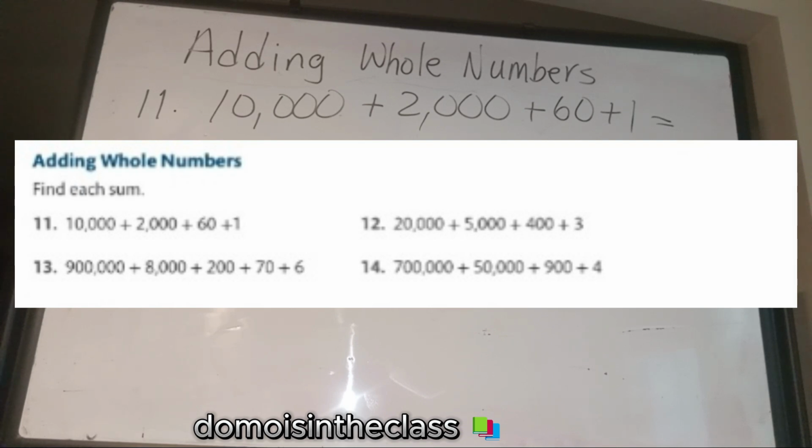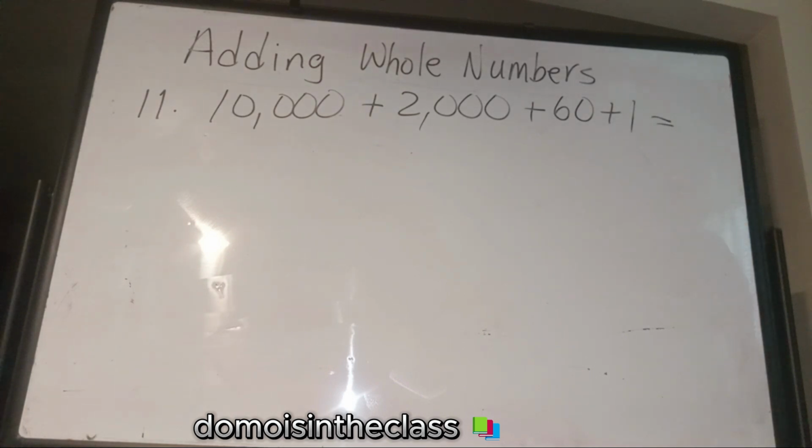So number 11, we have to find the sum of 10,000 plus 2,000 plus 60 plus 1. All right, so I feel another easy way is writing your place values on top, so then you can easily put your numbers in without having to guess what to do.